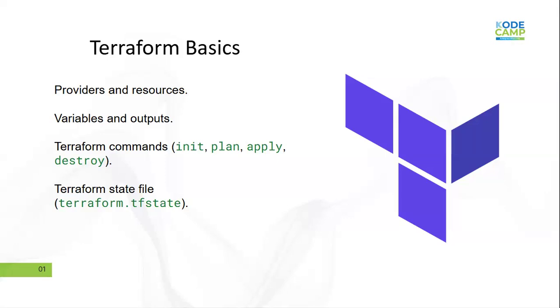Then outputs. Outputs are the output of a particular resource. They are used to display information about your infrastructure when it is created. So if you're building an EC2 instance and you want to expose the public and private IP address created before you even go and look at it on AWS, you expose it on your CLI.